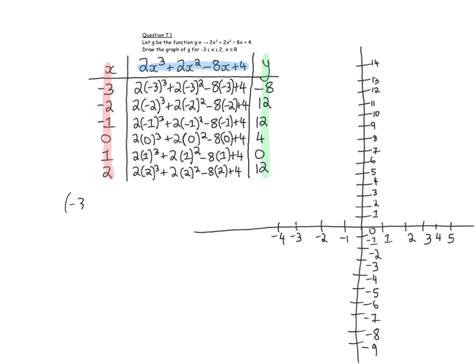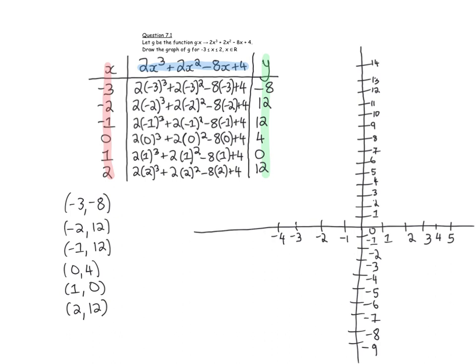So you'll get minus 3, minus 8; minus 2, 12; minus 1, 12; 0, 4; 1, 0; and finally 2, 12. After this, what you need to do is plot them.